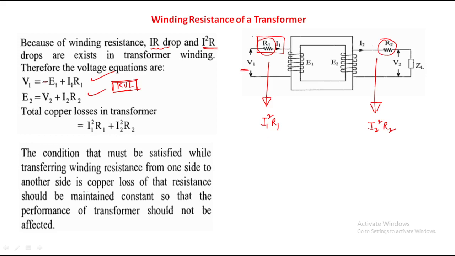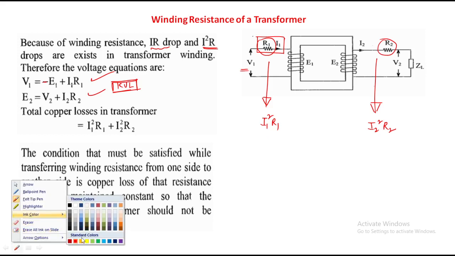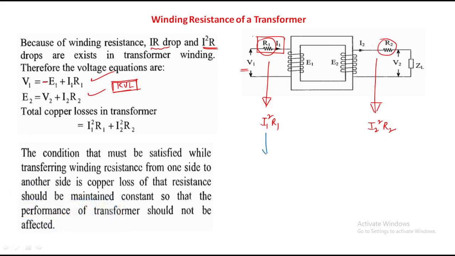So this is the copper loss PCU with respect to the primary winding, and this is the copper loss with respect to the secondary winding. Then the total copper loss is nothing but I1 square R1 plus I2 square R2. So the total copper loss in a transformer is I1 square R1 plus I2 square R2.